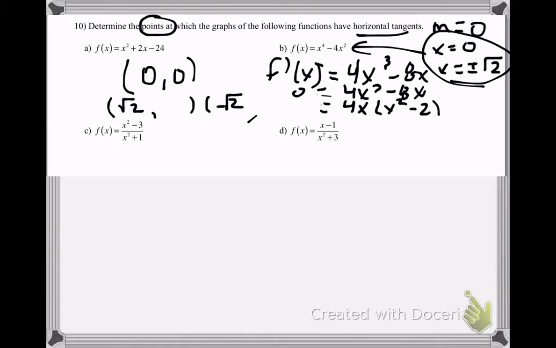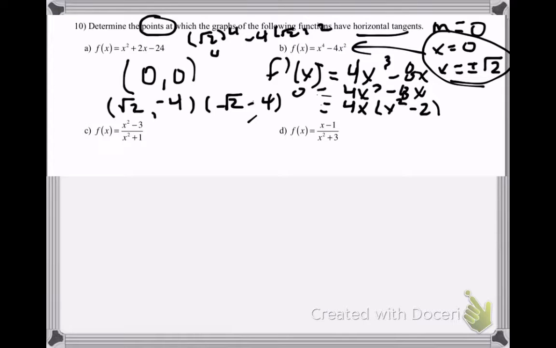Root 2 squared will be 2, times 4 is negative 8. So I believe at both positive root 2 and negative root 2, we're going to be at negative 4. Okay, because for both of these, we do root 2 to the 4th minus 4 root 2 squared.